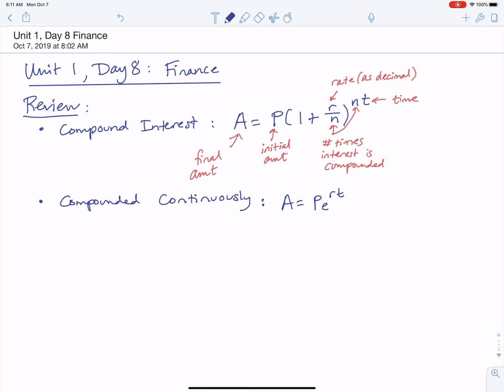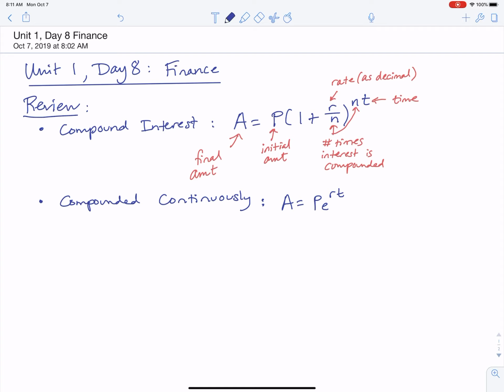Continuous growth uses the natural number e. That is how anything that grows continuously is going to grow. So we don't always use the same variables with things that grow continuously. We don't always use A. We don't always use P. We don't always use R. Sometimes we use a K. But the location in the equation is always the same.